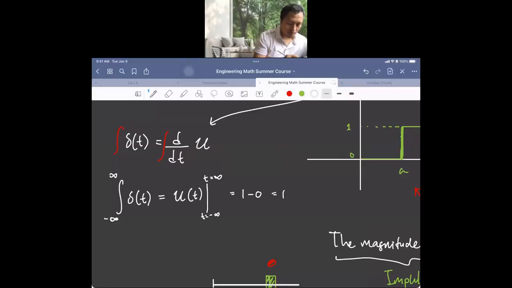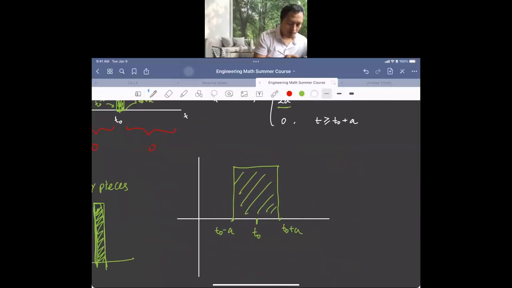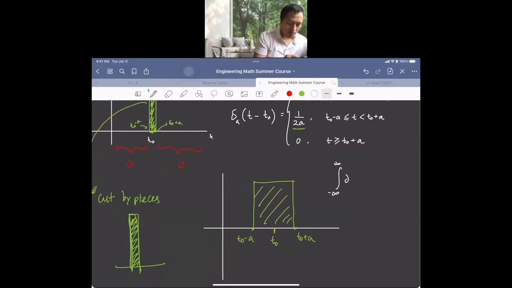Now you can get the idea, because it's 1, we need to make up something. We can make up something that when we integrate over the whole interval, so let's say we have the delta t.